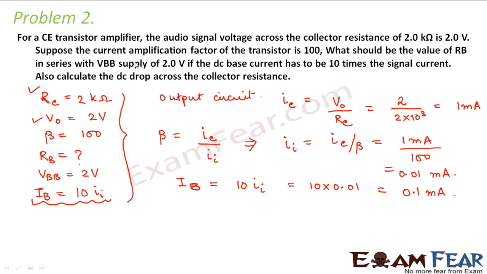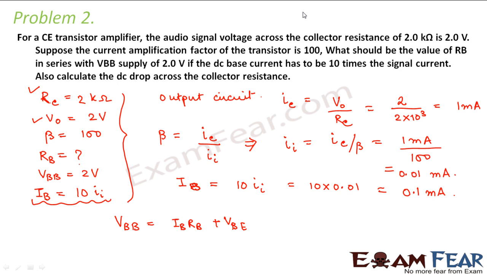Now what all I have to calculate? I have to calculate the RB, that is the input resistance, and also I have to calculate the DC drop across the collector resistance, that is the voltage drop across the collector resistance. Once I have calculated this value of IB, Kirchhoff's law applied on the input circuit gives me VBB is equal to IB RB plus VBE.